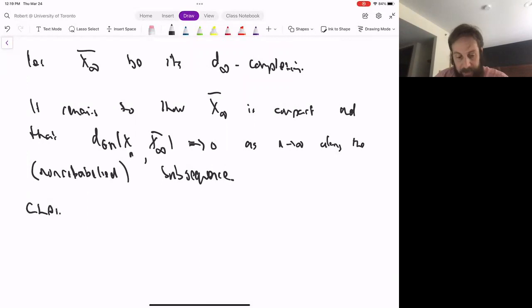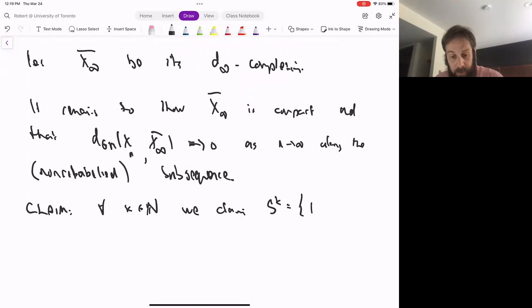So the claim is that for every natural number k, if I set S_k to be the set of equivalence classes such that i is no bigger than these numbers that I defined inductively at the start, that's going to be a 1 over k net.